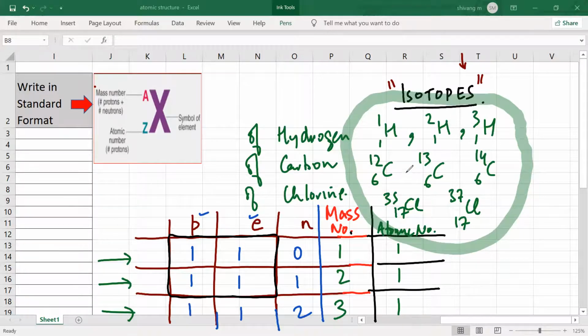I am not sure whether your teacher had discussed this or not. But in nature, the percentage of this and this will vary. Have you understood? Yes, sir.